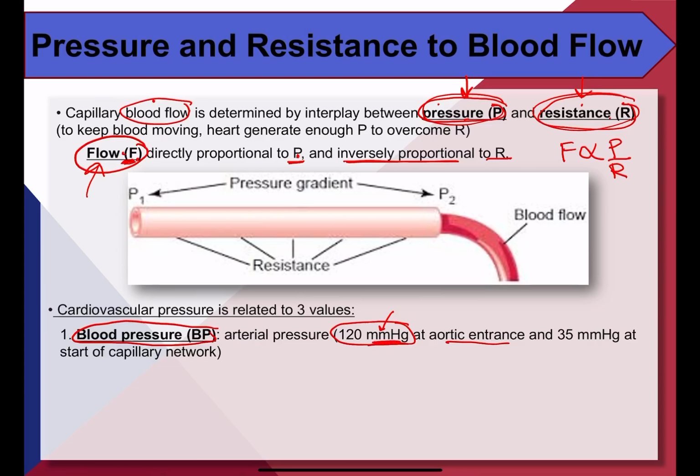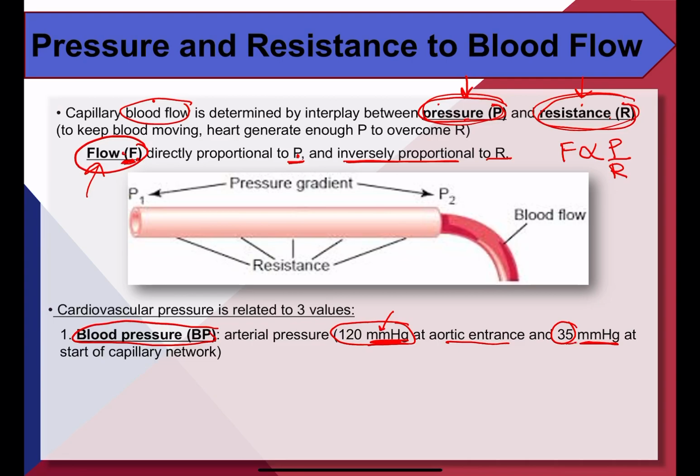That's the main unit for pressure within the arteries. From the starting point of the aorta, it drops to about 35 mmHg. It's millimeters of mercury, but they call it short for mmHg to have an easier time saying the whole thing. So 35 mmHg to get to the start of a capillary network.